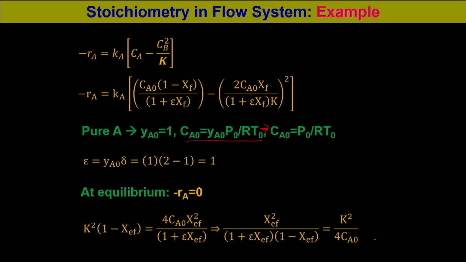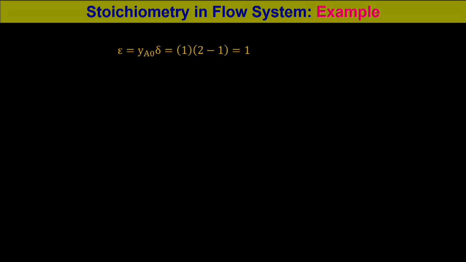So, if we solve it, we will get this relation: Xef square divided by (1 plus epsilon Xef) into (1 minus Xef) is equal to K square by 4 Ca naught. Now, epsilon would be equal to Ya naught delta, which is 1 as we have calculated, and this is the equation which we have derived.